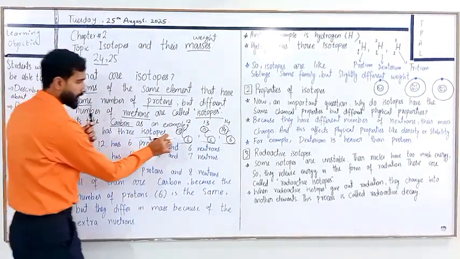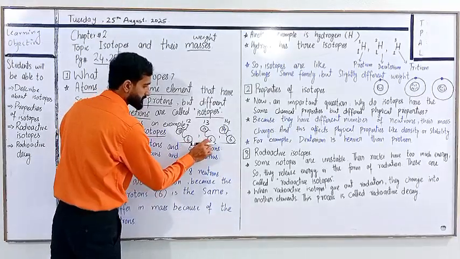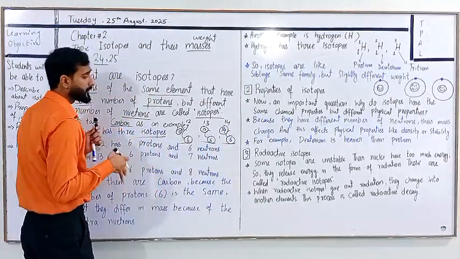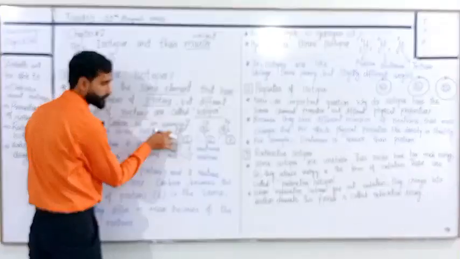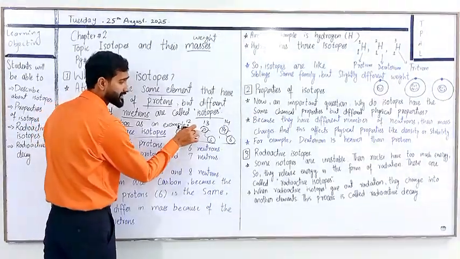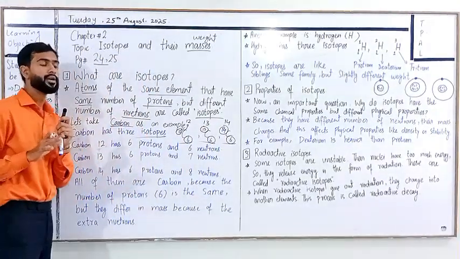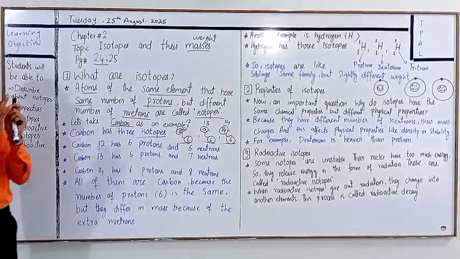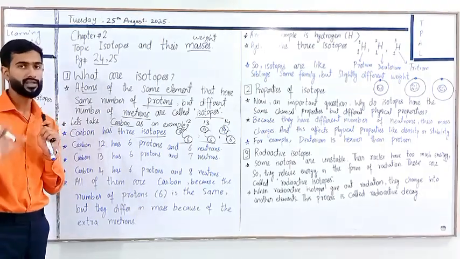They all have the same number of protons, 6, 6, 6. Where does the difference come? At the number of neutrons. Carbon 12 has 12 nucleons, carbon 13 has 13 and carbon 14 has 14. In this way, the atoms of the same element can be slightly different from each other.